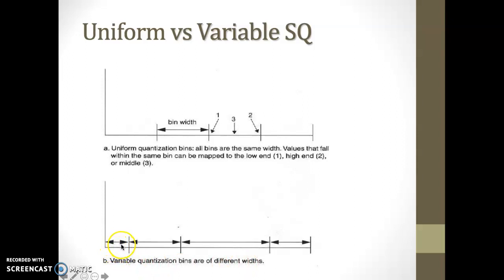It can be smaller, greater, or much greater. So the variable quantization bin is more flexible or more complicated, but the result will be better compared to this one, because you have to understand your input image first.